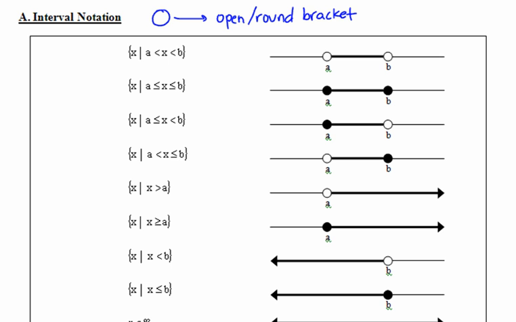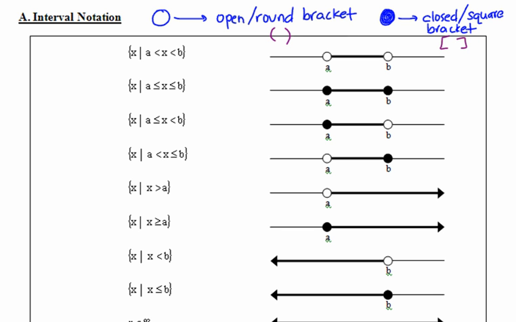If it's equal to at that point, or filled in, that's a closed circle, so it's going to be closed or a square bracket. An open bracket looks something like that. It's rounded, and closed would be the square bracket.